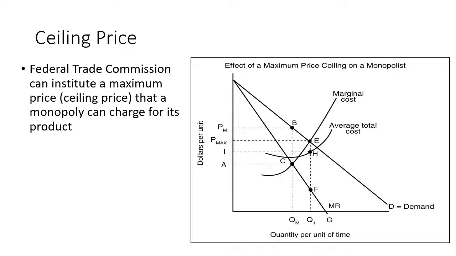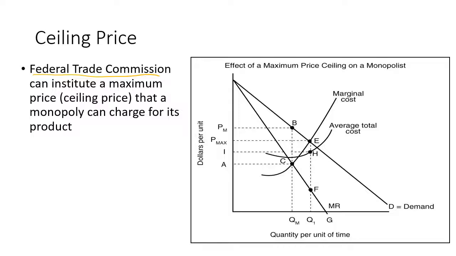There are a few other governmental regulatory measures. There's a ceiling price: the Federal Trade Commission can institute basically a maximum price that a monopoly can charge for its product.